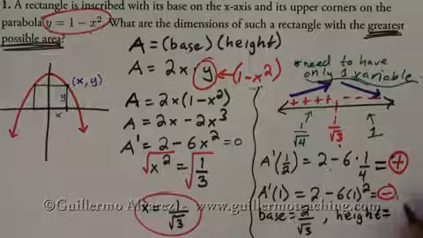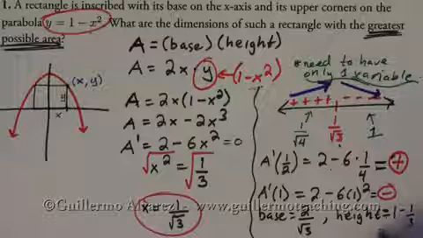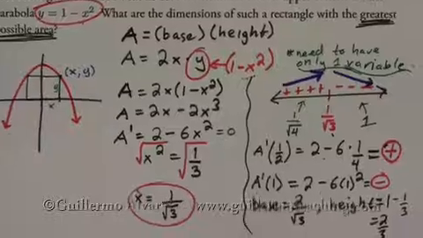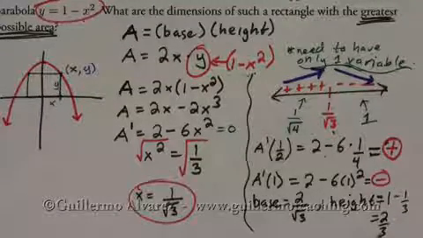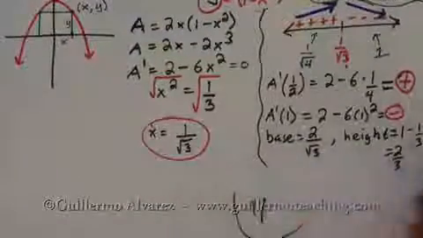Since x is 1 over root 3, x squared is 1/3, so the height is 2/3. Those are the dimensions: the base is 2 over root 3 and the height is 2/3. And that's it. Happy face.